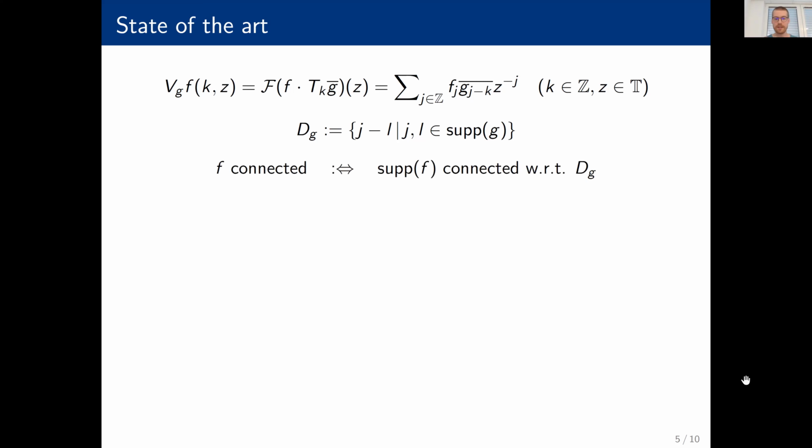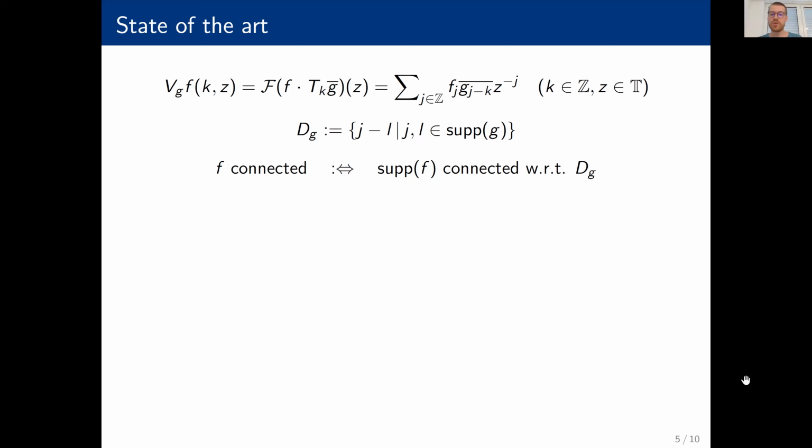I call the signal F connected if its support is connected with respect to the translations in DG. What I mean by that is that I can take every two entries in the support of F and form a path within the support of F from one entry to the other by only using step sizes which are in DG.